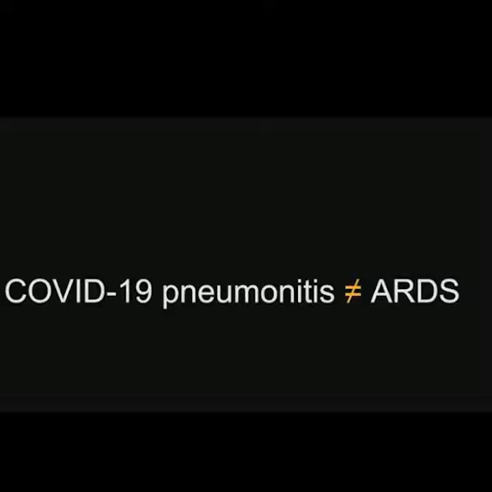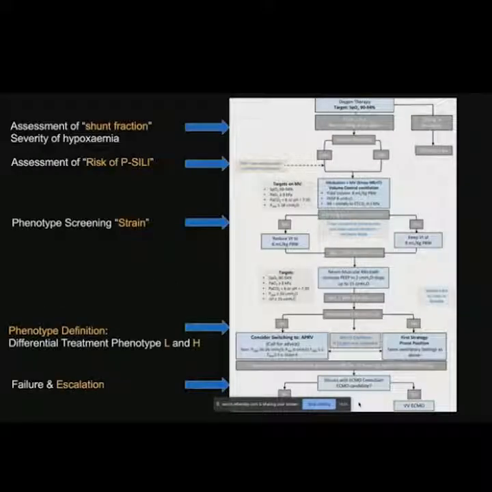And in the following slides, I'm going to describe to you the workup that he recommends, or the algorithm of managing these patients when they hit the floor. So what he looks at is assessing the shunt fraction, essentially asking how severe is the hypoxemia, assessing the risk of patient self-induced lung injury, and also phenotype screening.